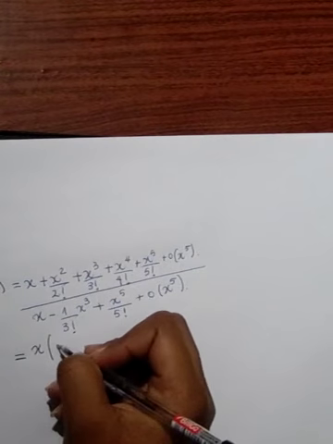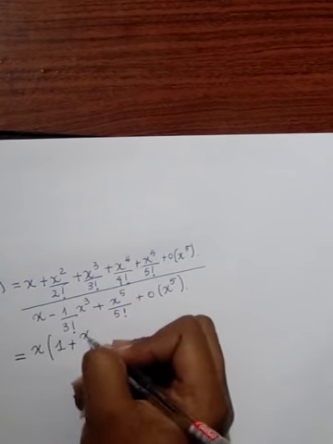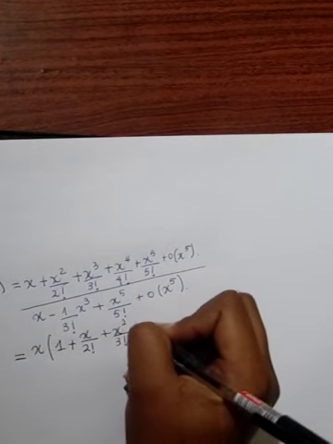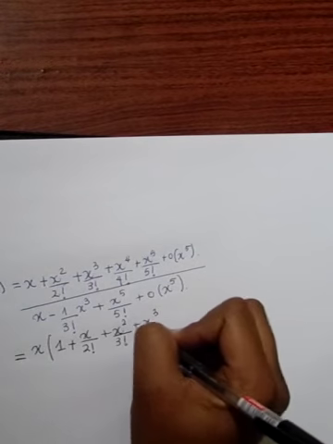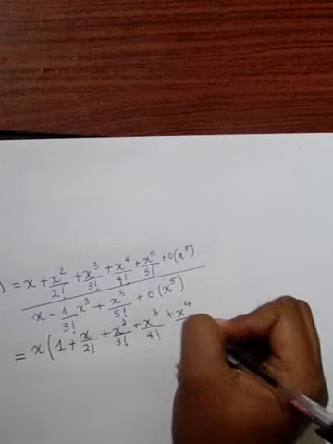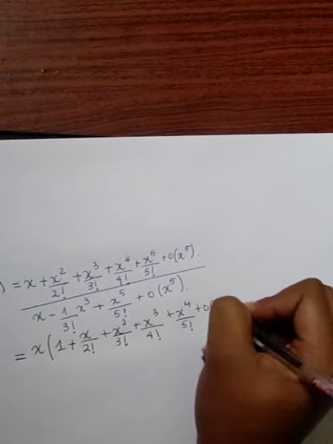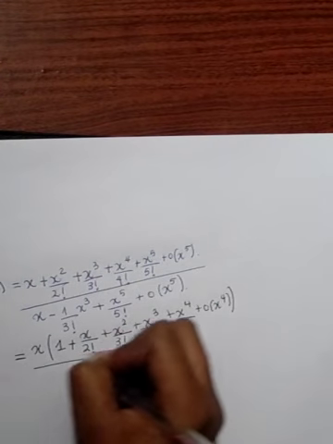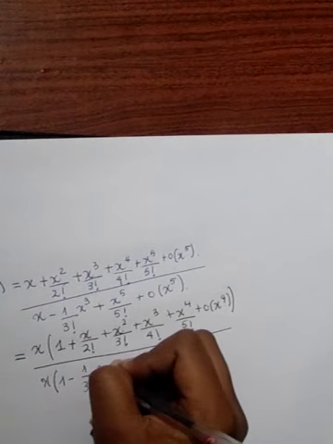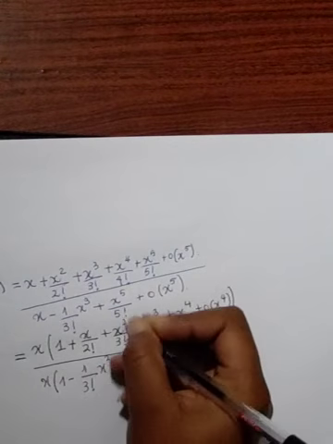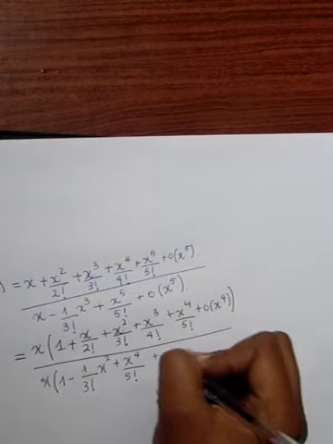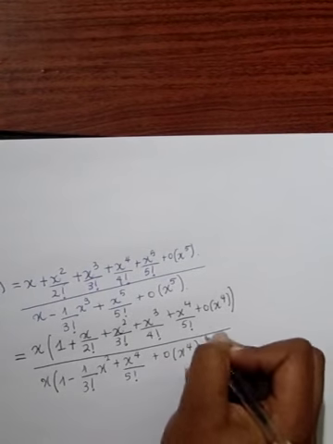So if I factor out x, we'll be left with 1 plus x over 2 factorial plus x squared over 3 factorial plus x raised to the power of 3 over 4 factorial plus x raised to the power of 4 over 5 factorial plus 32 to the x raised to the power of 4, all over x times 1 minus 1 over 3 factorial x raised to the power of 2 plus x raised to the power of 4 over 5 factorial plus 32 to the x raised to the power of 4.